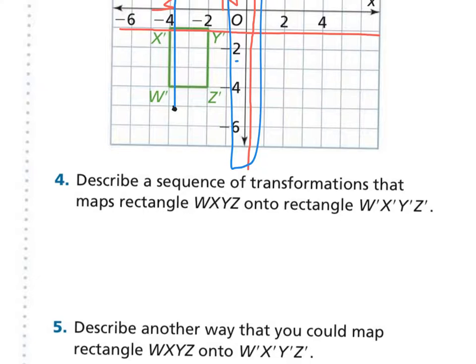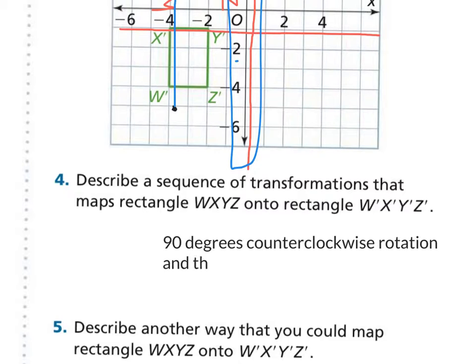We're going to have to do a 90 degrees counterclockwise rotation, and then a translation down 6 units.